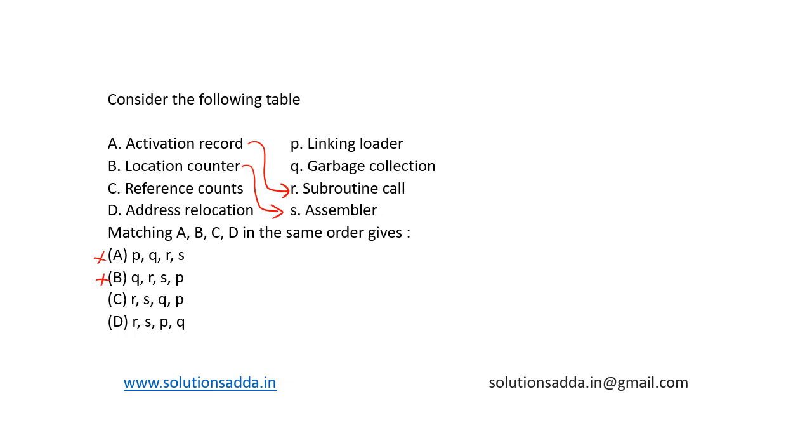Reference counter tracks each object. It counts the number of references made to it, and when the count reaches 0, the object becomes inaccessible and gets destroyed. So the reference count can be mapped to garbage collection. It is Q. So from here itself we can say that option C is the correct answer.